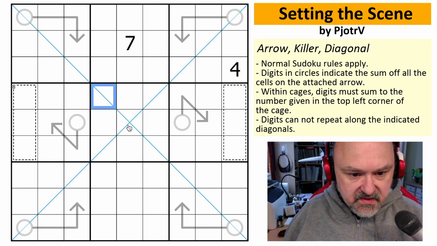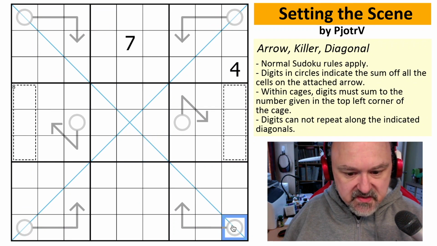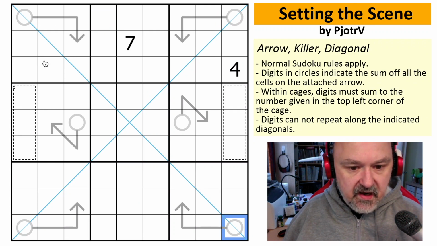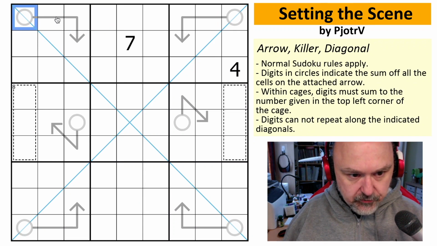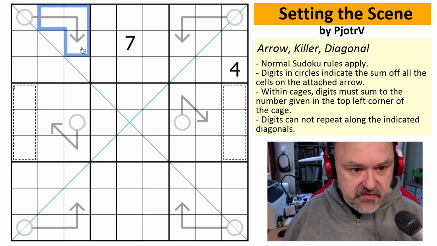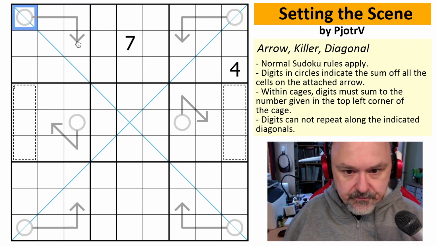These blue lines are diagonal lines, which means that 1 to 9 must be placed on these diagonals without repetition. There are arrows in the grid. The digits placed on an arrow must sum to the digit in the circle. So whatever goes into these three must be here. So if this was 1, 2, and 3, this would be a 6.